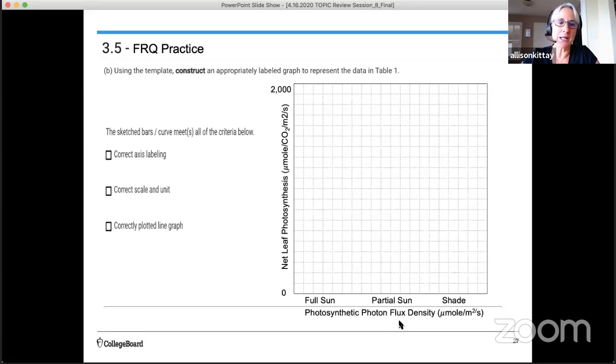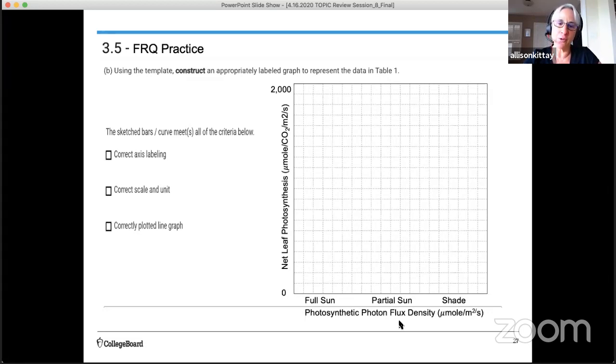And so the scoring guidelines would tell you that you would get full points if you had your correct axis labeling, as I just indicated, that you've got your correct scaling and units, and that you have your correctly plotted lines. And in this case, because our independent variable is categories, we're going to use a bar graph.